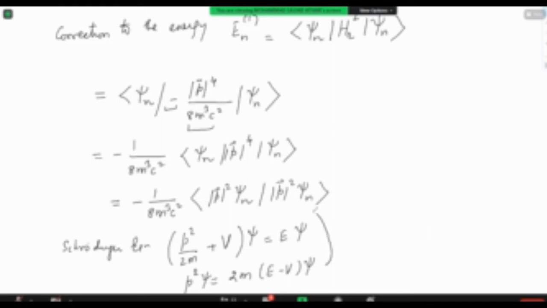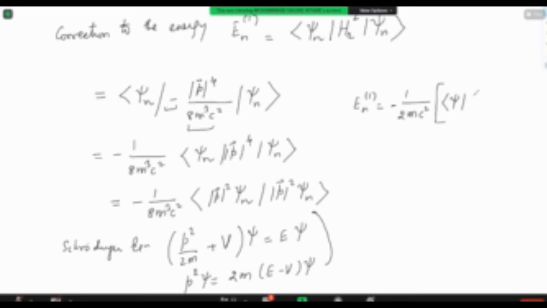Now I'm going to put it here. This will give me twice m here and twice m here. That will be 4m square, that I can take out. Therefore, this I will write as E n1 is equal to minus 1 by twice m c square, and then bracket, we have E minus V on the left hand side as well as the right hand side, but these are Hermitian quantities.